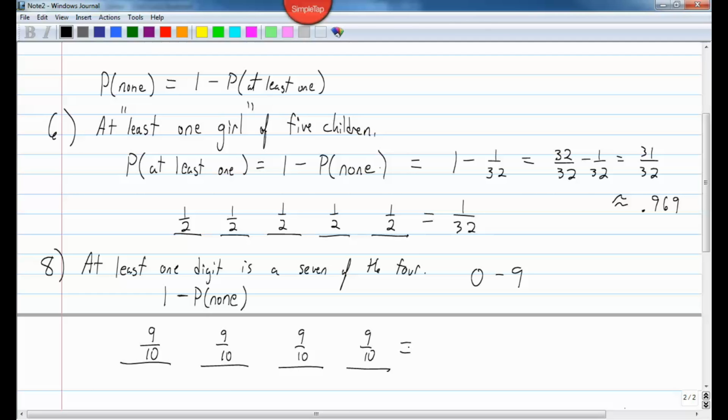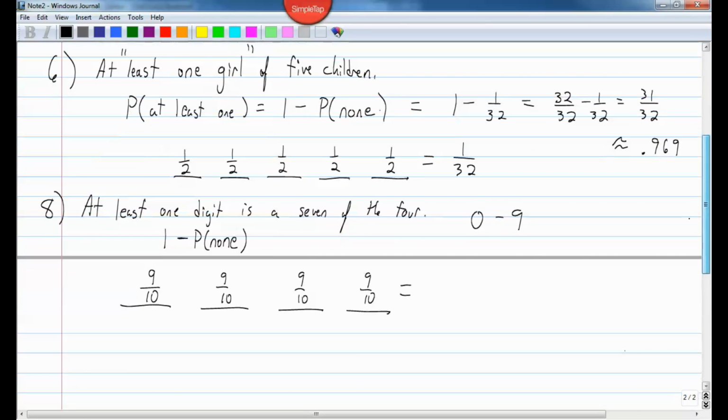All right, so this is the probability of not getting any 7 out of 4 possible digits. So whatever 9 over 10 to the 4th power is. So in our calculator, we want to say 1 minus 9 over 10 to the 4th power. And that will give us the probability that we at least get 1 seven out of the 4.